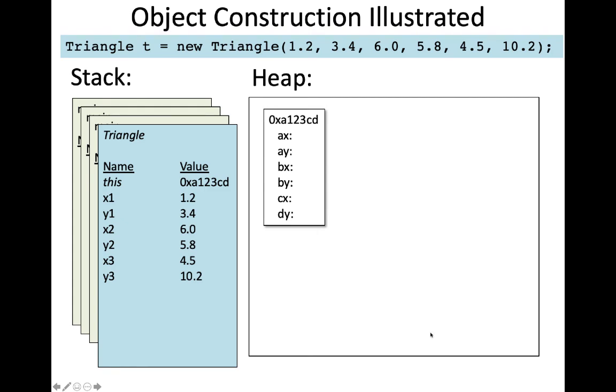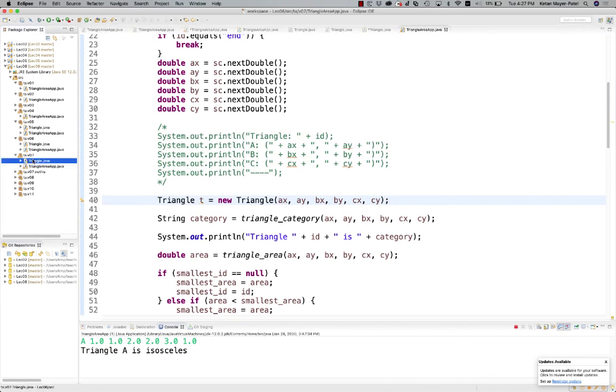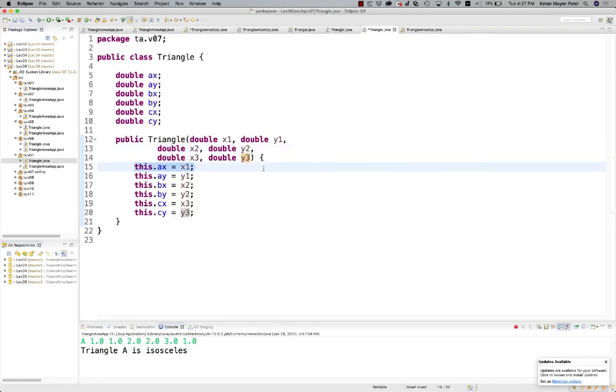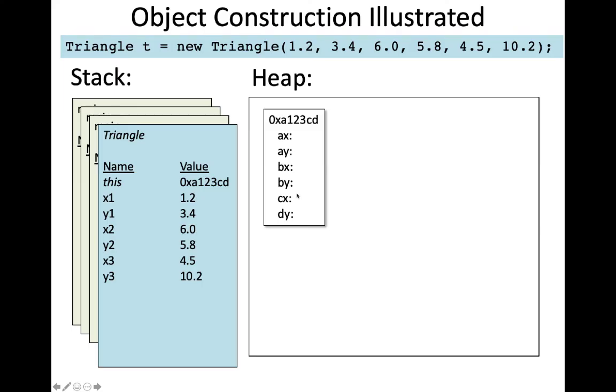And if we look at what the first line of the constructor is, the first line of the constructor is going to be the line here. this.ax equals x1. So what does that look like in memory? In memory, when we get to that line, this.ax equals x1. this.ax, that's that reference. So now that lets me get to that object. The dot dereferences that reference.